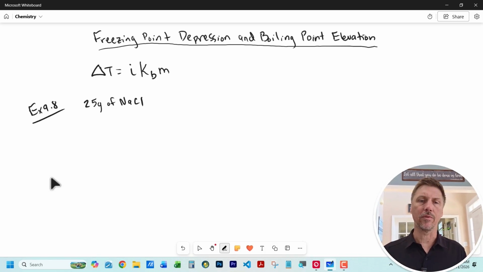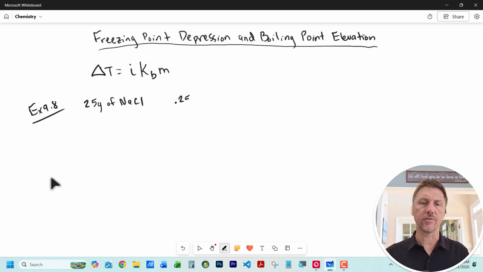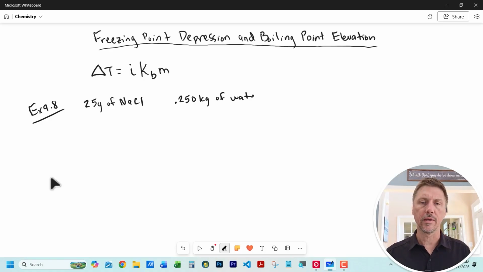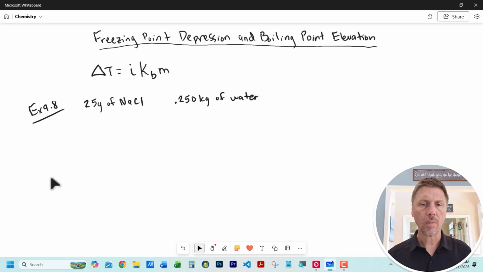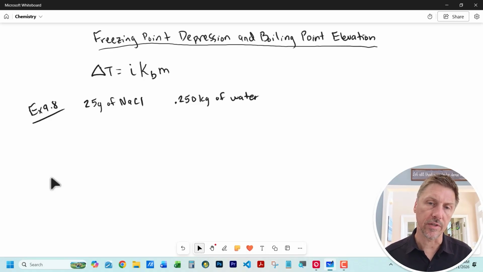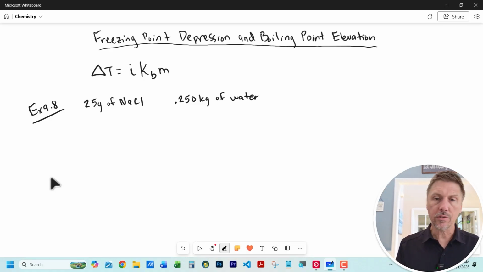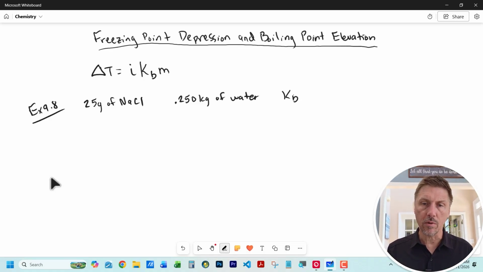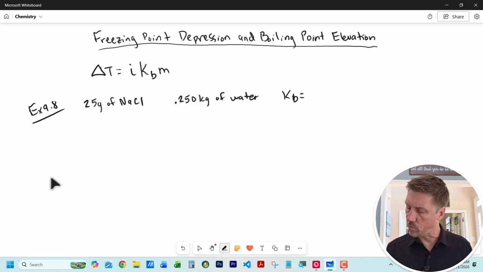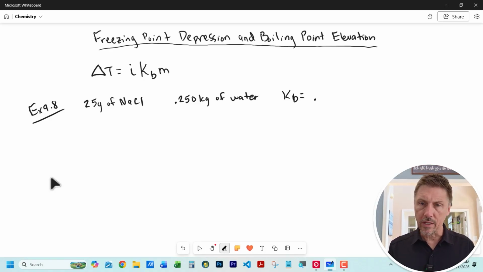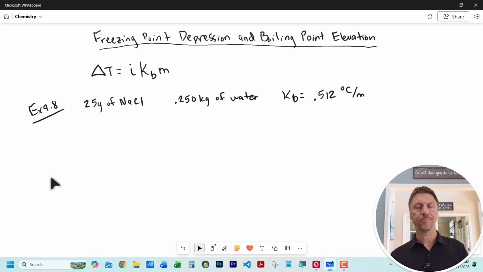Now I'm going to go ahead and write this down as 0.250 kilograms because that's what we're going to need the mass of our solvent in, because that's what the molality equation requires. And they also tell us, again, they will always give you this constant value, the Kb for water.